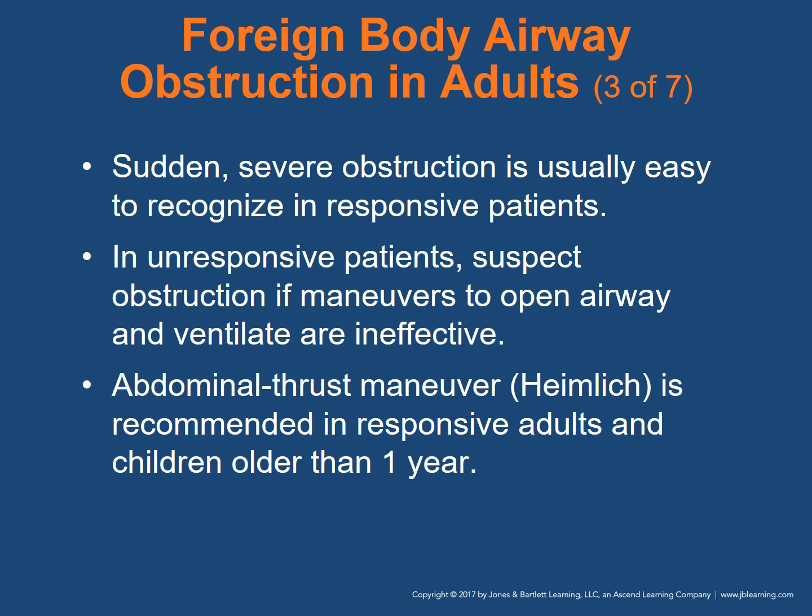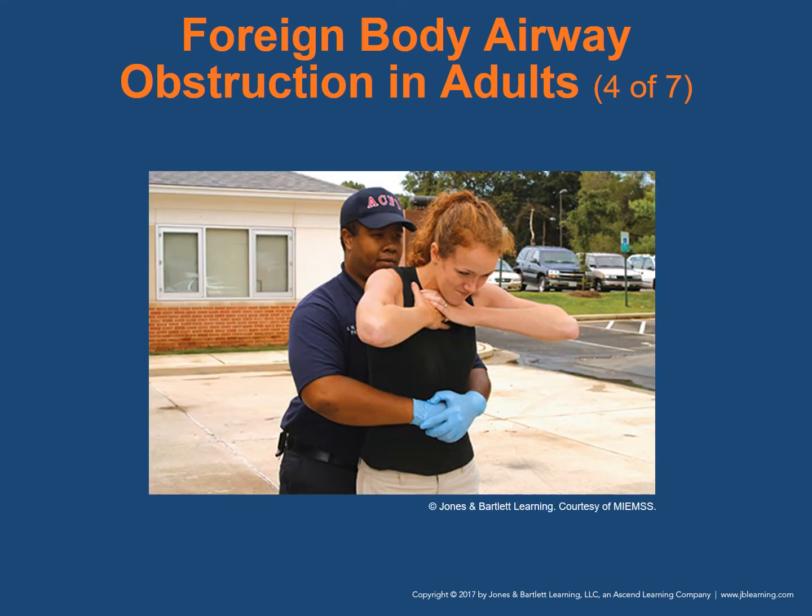The abdominal thrust maneuver, or the Heimlich maneuver, is recommended in responsive adults and children older than 1 year. Here you can see, of course, that this female patient is doing the universal sign of choking like I described. And this provider here is doing effective abdominal thrusts, or the Heimlich maneuver, for this patient.